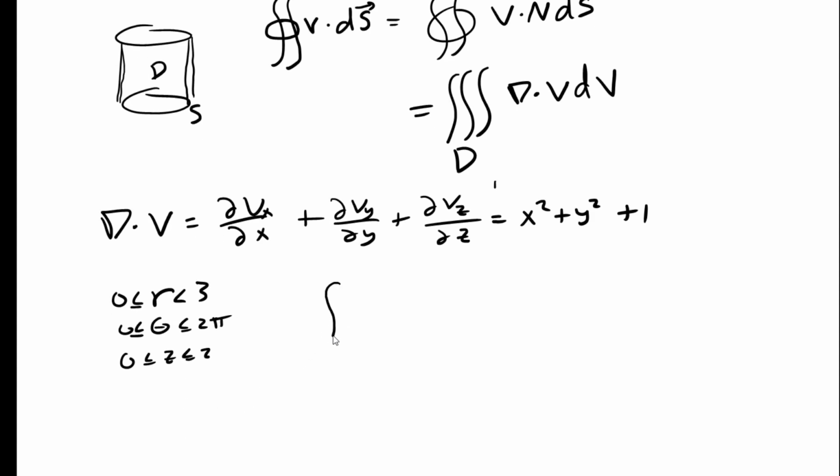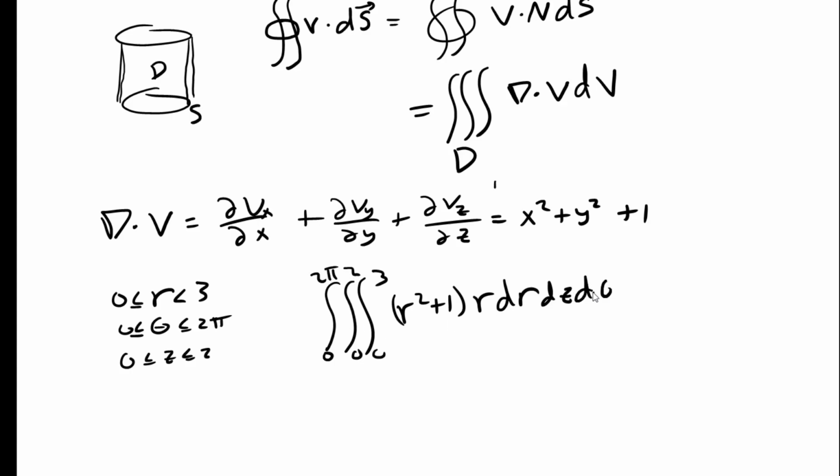So I can set up the integral from 0 to 3, r squared plus 1. Don't forget to multiply by r dr. Then from 0 to 2, dz. And then from 0 to 2 pi, d theta. This is separable.